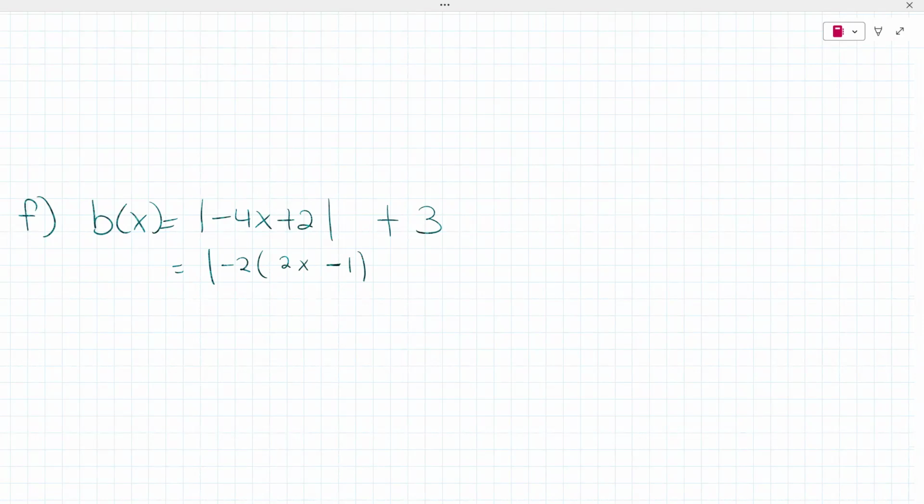And then you could put this minus 2 in front of the absolute value. And then go from here.